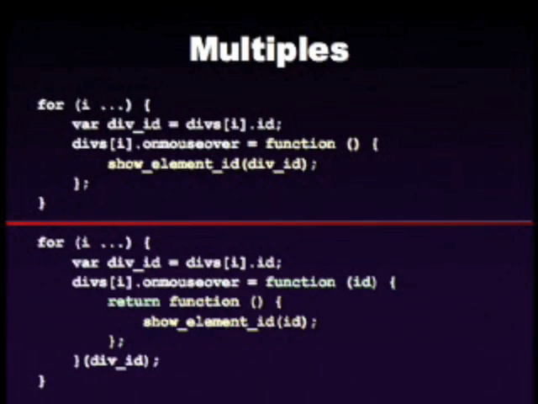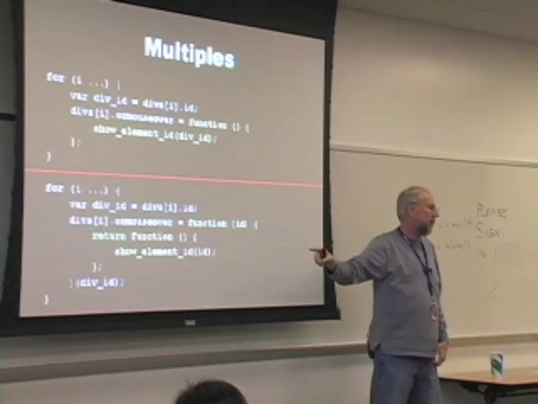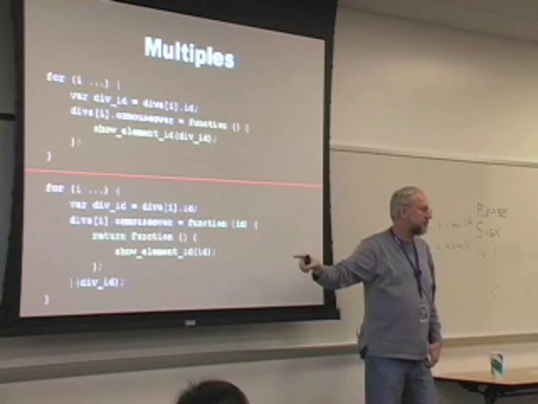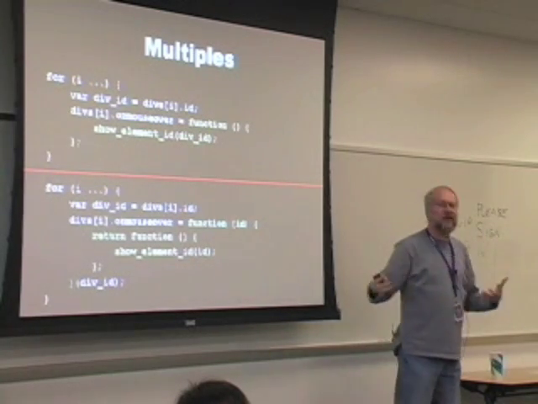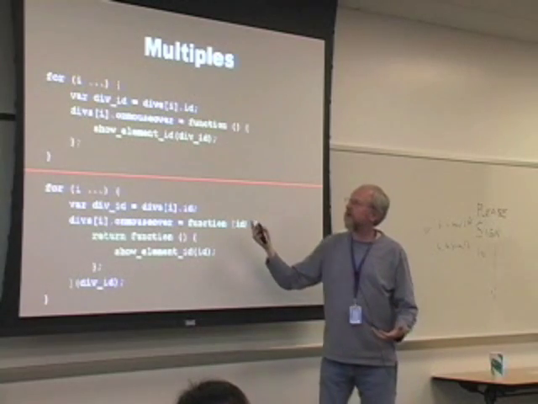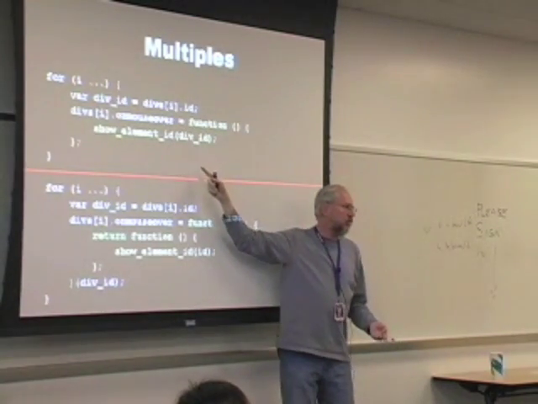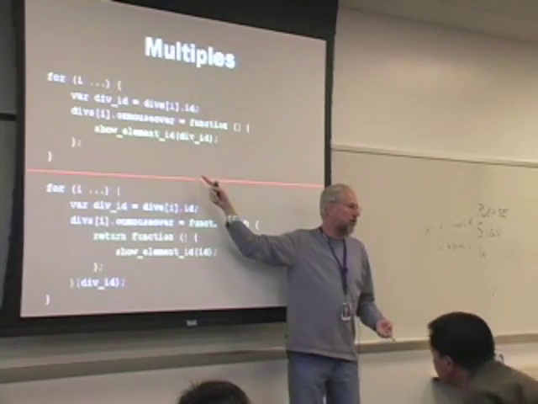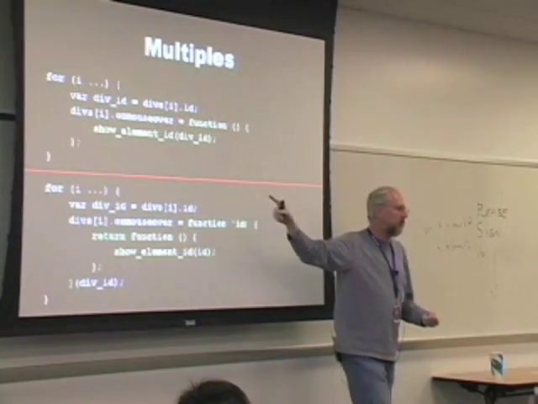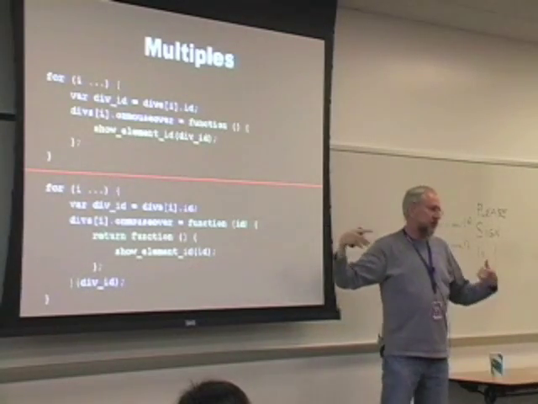Someone was going through a list of divs, and for each one, he was assigning a mouse over function. And each of the mouse over functions had a div ID. But he found that when he ran it, every object thought it had the same ID. And they all had the last ID. And he couldn't figure out what was happening. And the reason was because of closure, you get bound not to the value of that at the time you call it, you get bound to its current value, which can change over time.